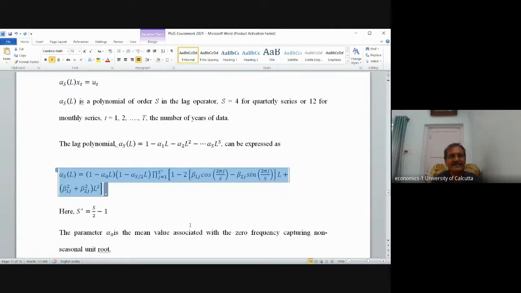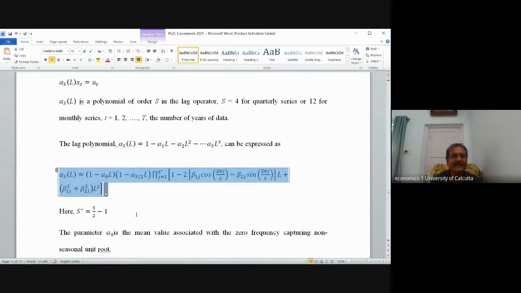Now, what is s star? s is a seasonal frequency. s star is equal to s by 2 minus 1. Now write the lag polynomial function for the quarterly data. Put s is equal to 4.